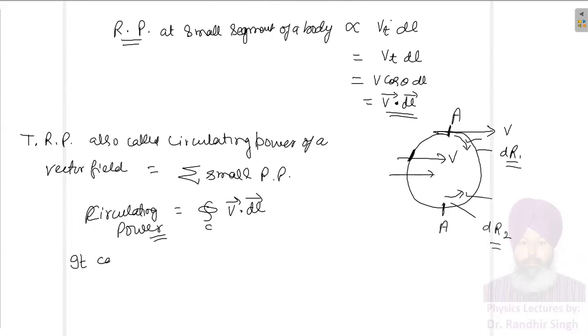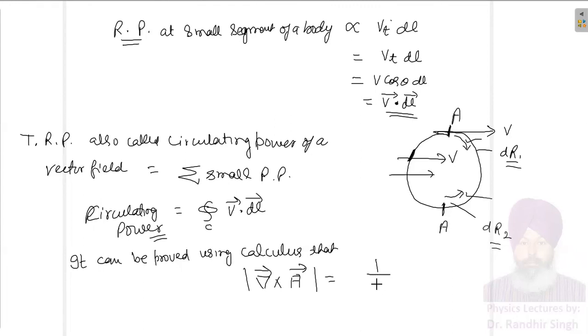It can be proved using calculus that the magnitude of curl of any vector is always equal to 1 upon s times the closed integral of v dot dl, provided the limit s approaches 0.